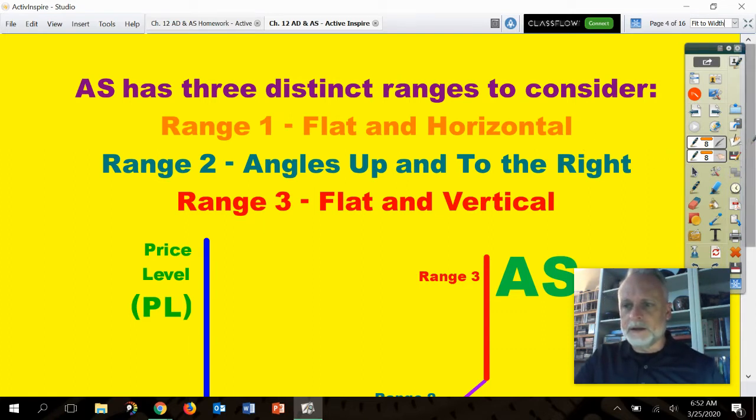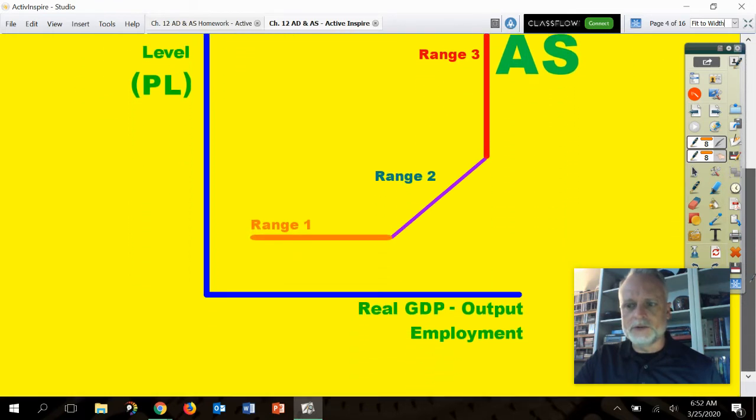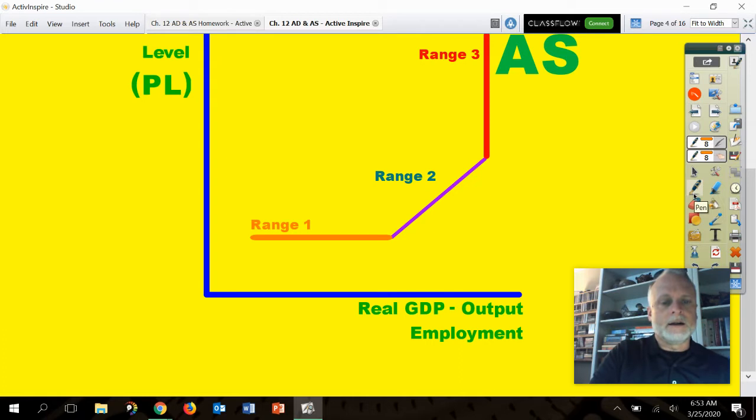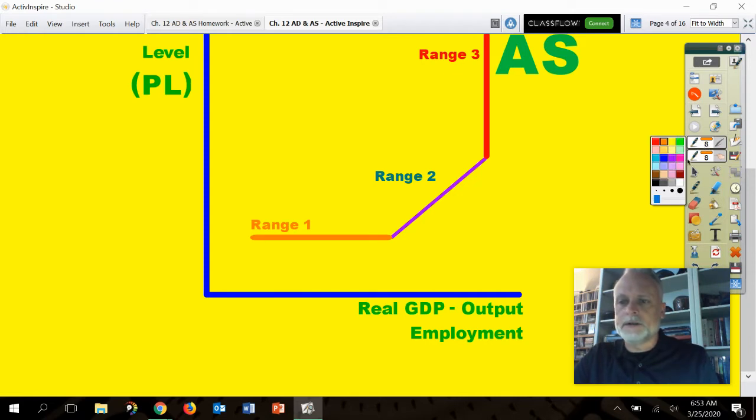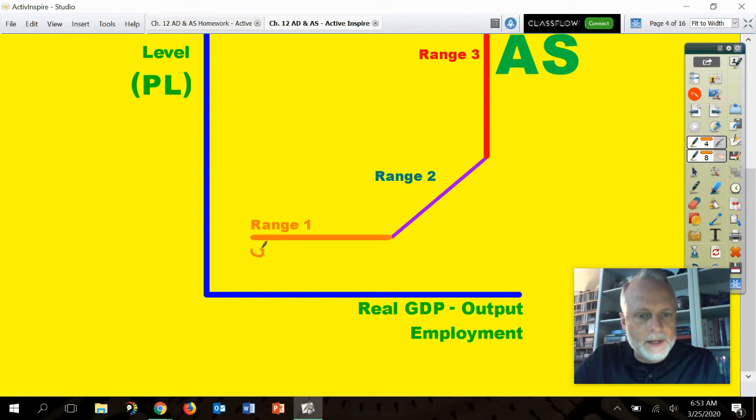All right, unemployment is going to be what you see in that flat range 1, and I want you to write it. Your unemployment note should go right here.